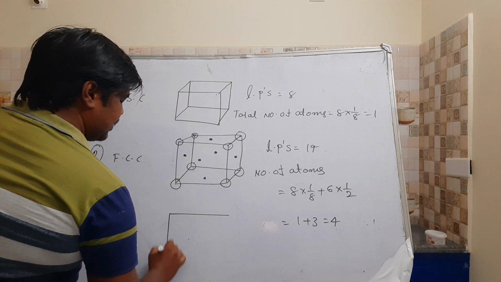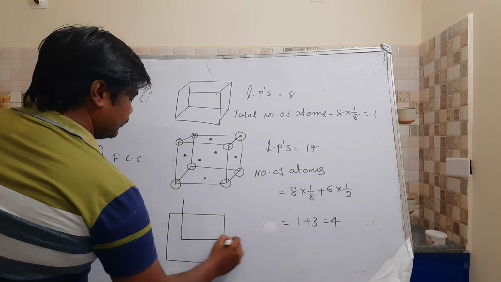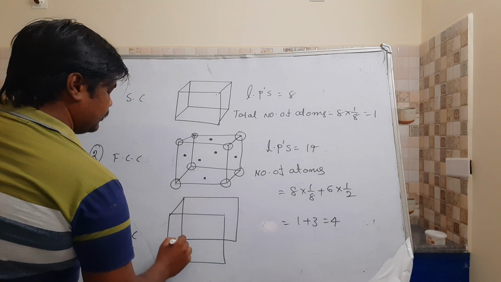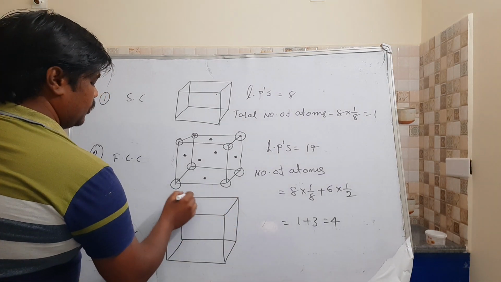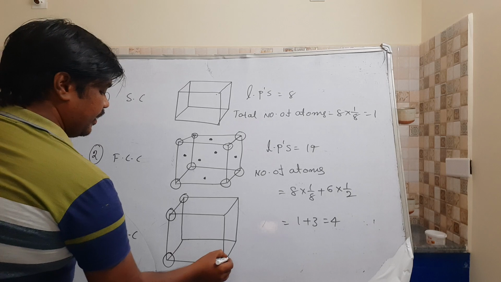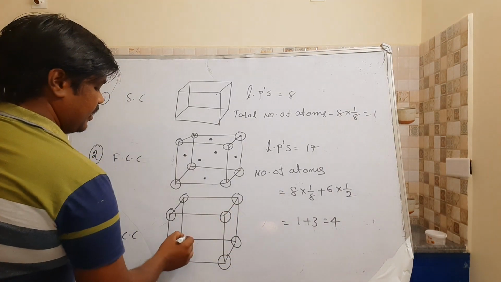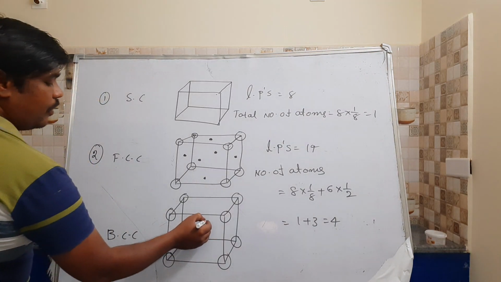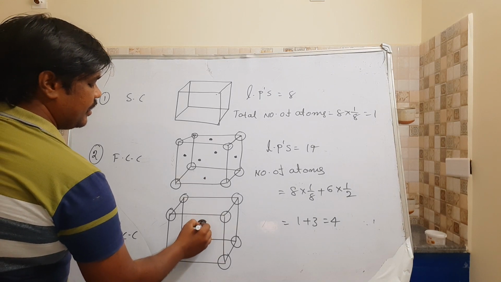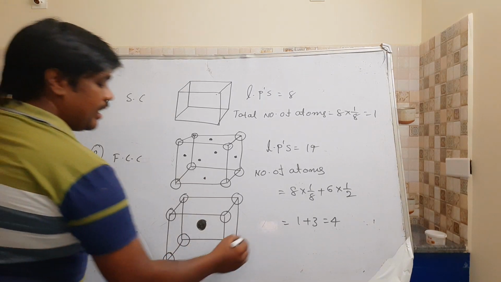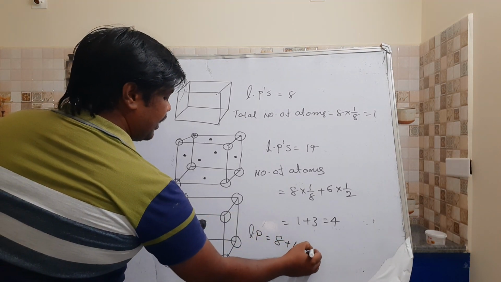Then for BCC, just the structure is like this. 1, 2, 3, 4, 5, 6, 7, 8, and one body center will be there. Then lattice points are 8 plus 1, 9.